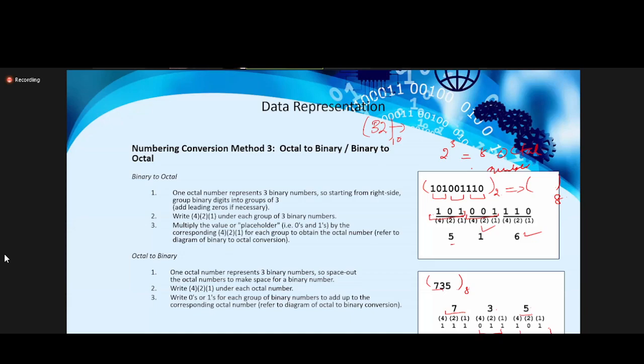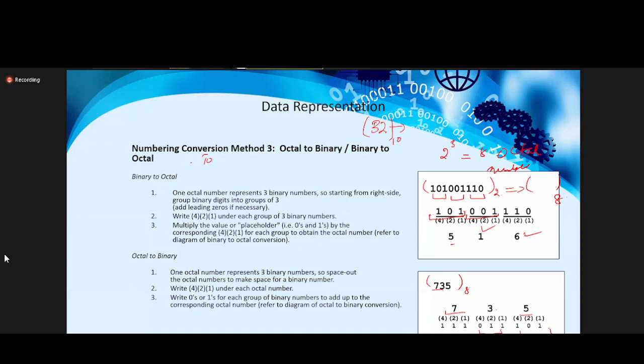So here, for base 8 number system conversion, if you need to convert from decimal to base 8, there are two methods basically.